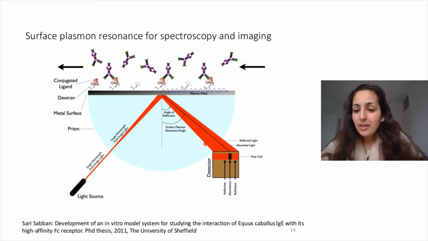What you can then do is use a detector to detect under which angle your light is being preferentially absorbed, or you're getting a dark spot on your detector, due to the fact that you are coupling into a surface plasmon wave. And this is so sensitive that you can really detect single molecules, and very little amounts of chemicals that adsorb to the surface can be detected, because this is such a super sensitive method.